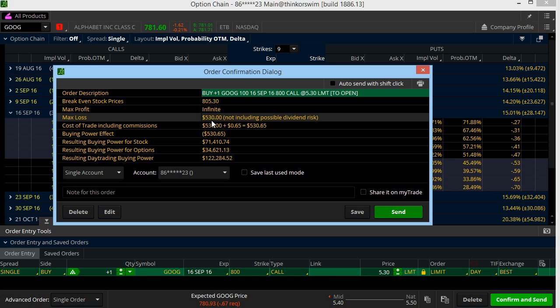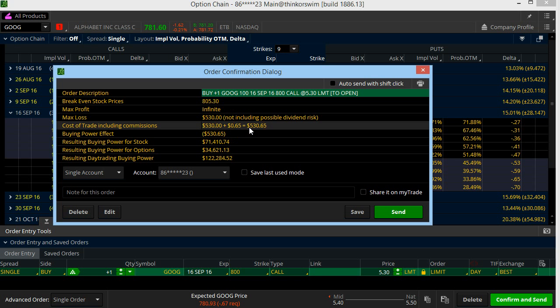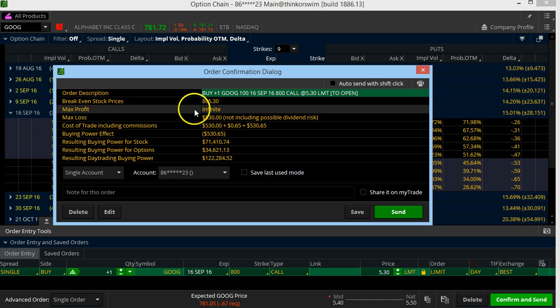So in this trade, we can only lose $530 plus the commission, not more than that. However, our max profit is infinite. If Google goes to say 2,000 in the next 30 days, we'll keep on making money. I doubt whether such a thing will happen, but you get the idea.